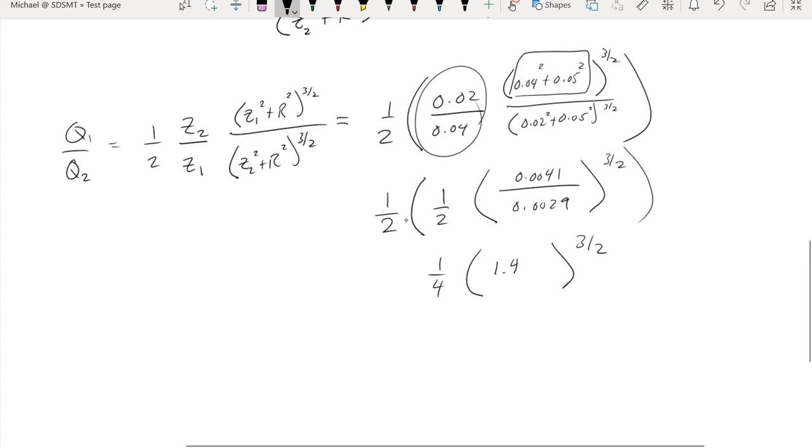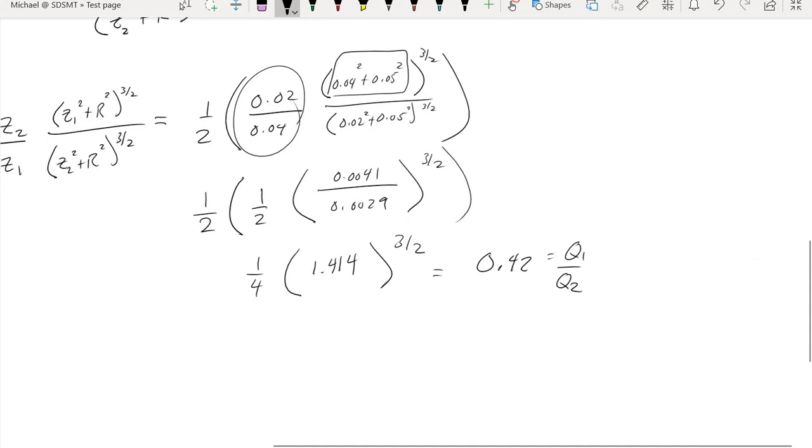Everything that I'm getting inside of that first set of parentheses, 1.414, we need to take that to the 3/2 power, and then we can multiply by our 1/4, and so I'm getting 0.42 as the ratio of the two charges.